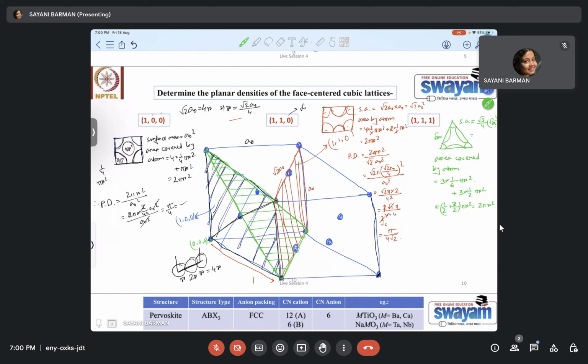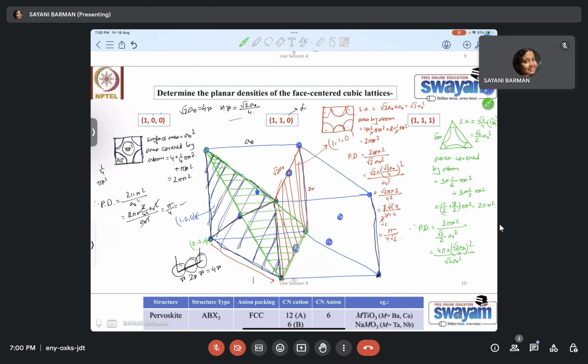So it is root 3 by 2 a0 square. Hence, planar density would be 2 pi r square divided by root 3 by 2 a0 square. Now this will be 4 pi r means root 2 a0 by 4 square divided by root 2 a0 square.